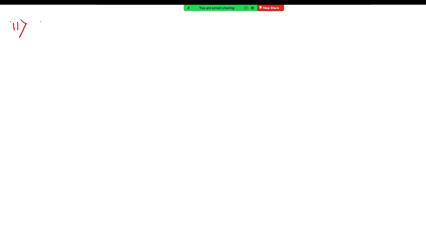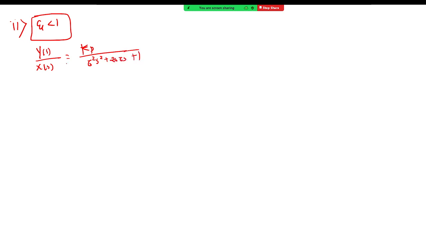Now second, if zeta is less than 1, then Y(s) divided by X(s) is equal to Kp upon tau square s square plus 2 zeta tau s plus 1. Zeta is less than 1, it can take any value 0.1, 0.2, 0.3 up to 1.